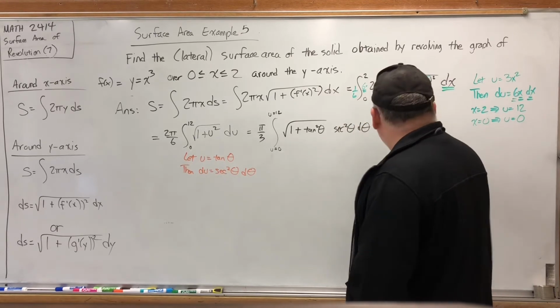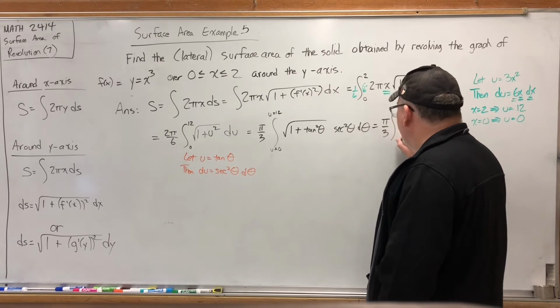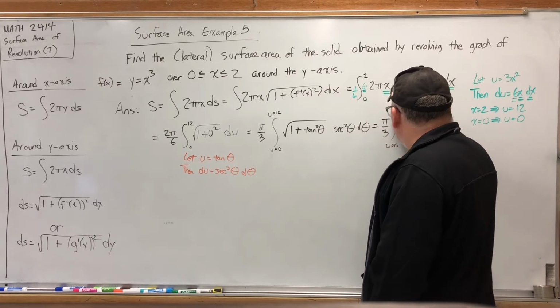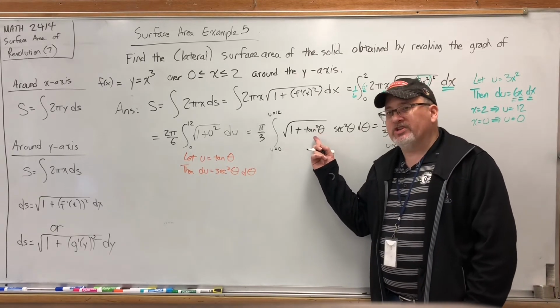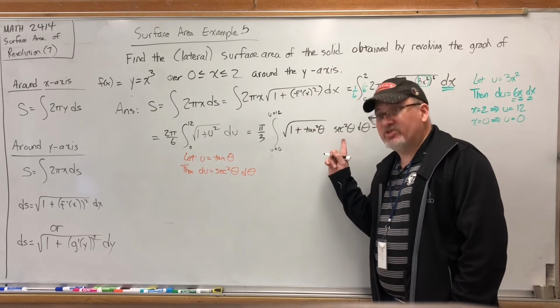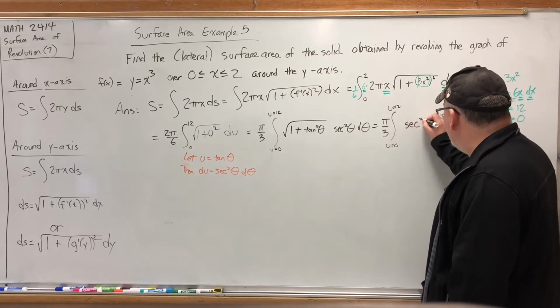And let's see what this does. Pi over 3, integral, u equals 0, u equals 12. 1 plus tangent squared is secant squared. The square root of secant squared is secant, times the secant squared over here gives us secant cubed theta d theta.